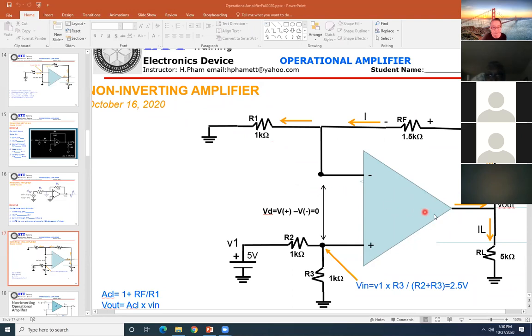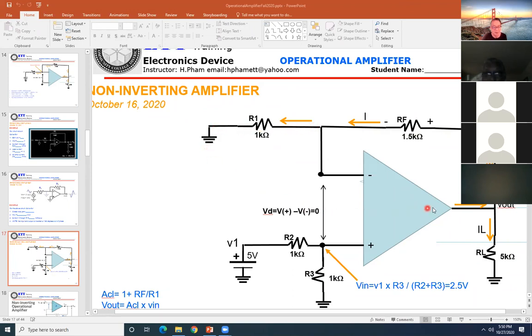If you want to calculate the voltage V out, that means the voltage measured from the output to the route. However, this is the load, so we cannot use that formula. So now V out in here, you can see we can go from here to here and this route right here.